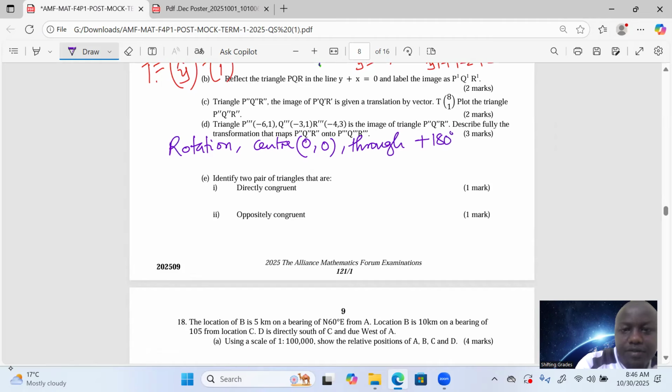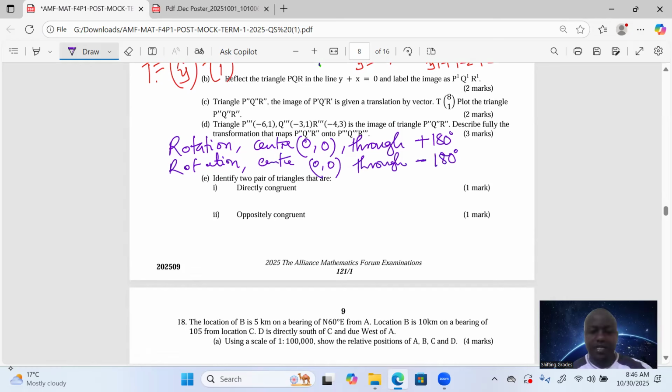It can also be a rotation, center still 0, 0, and the angle negative 180. That is still the same thing. A rotation through 180 is the same as a rotation through negative 180.